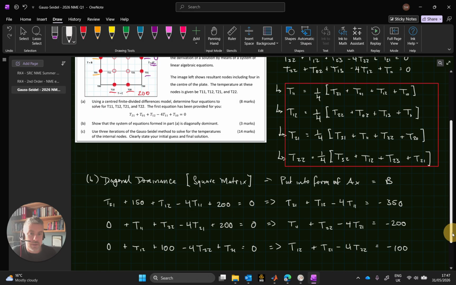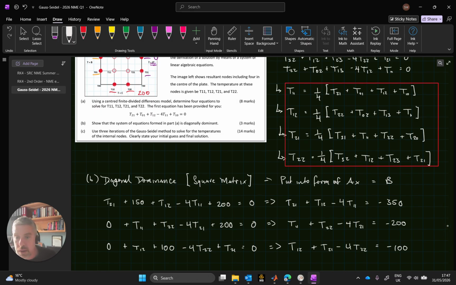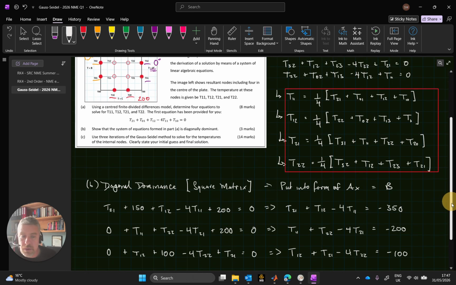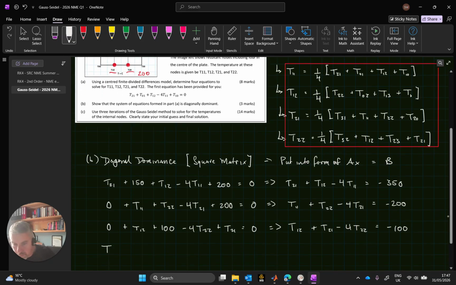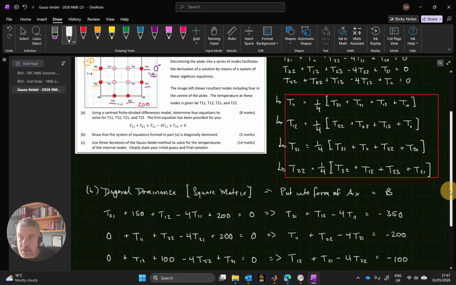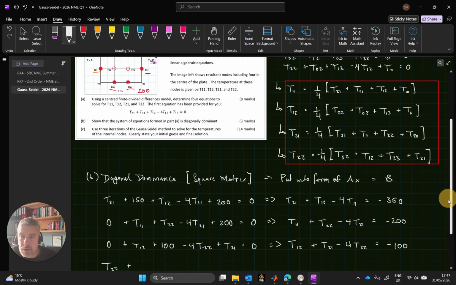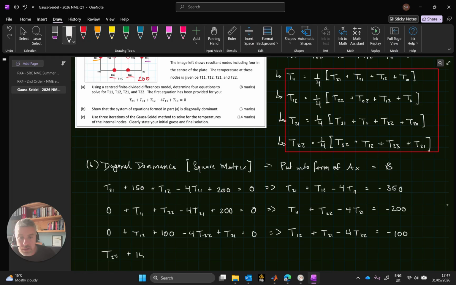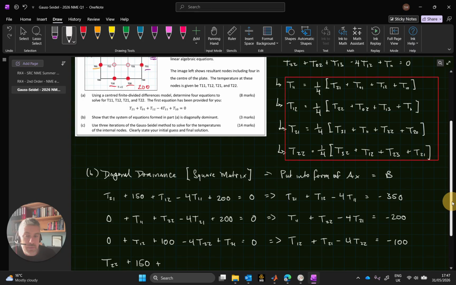Okay, last equation is this one up here, T22. T22, I believe, is an internal node. Plus T02 is on the outside. That is on the left hand side, temperature B, 150. Right, plus 150.